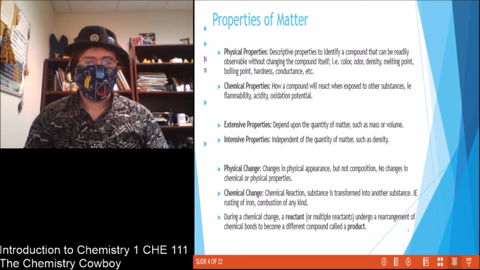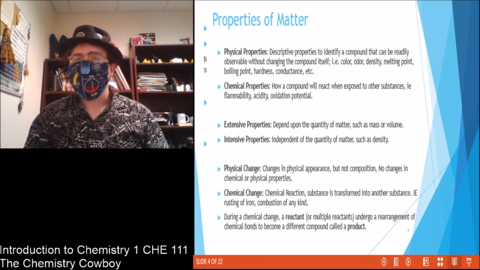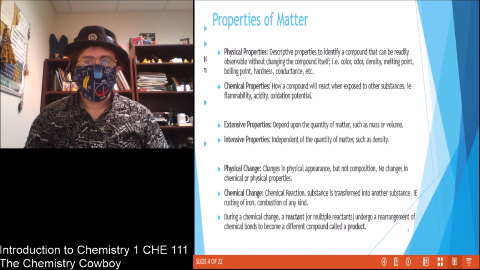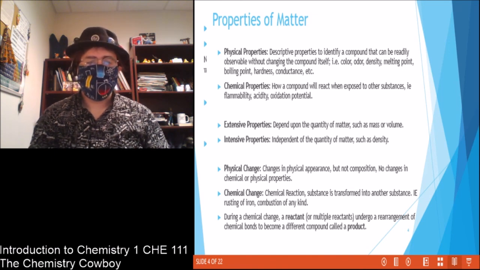As you eat a candy bar, you are starting with a physical change of breaking it into smaller, more digestible fragments, followed by a chemical change where you're starting to digest it. But the digestion is the chemical change. The mastication, which is your chewing, is more of a physical change. But during the chemical change, a reactant, or oftentimes multiple reactants, will undergo a rearrangement and the chemical bonds become what we call the product.